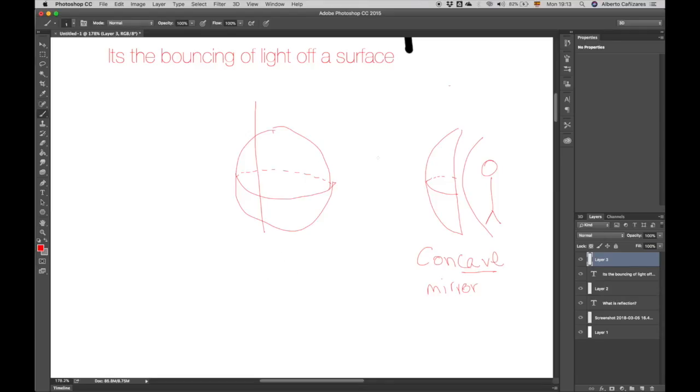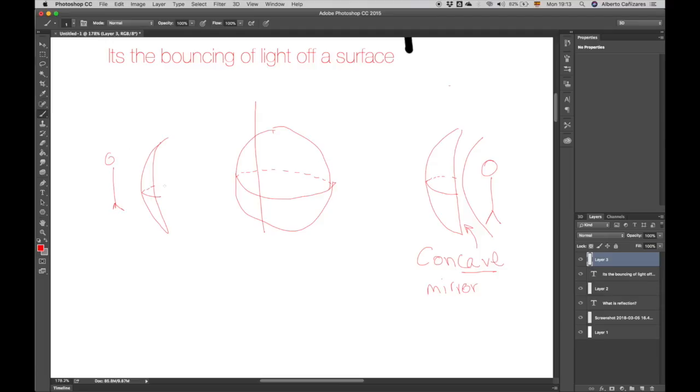Now, you could also be looking at yourself from the outside of the mirror, right? So in this case, instead of the inside of the mirror, you're going to have the outside of the mirror. It's going to look like this, and you're going to look from outside.